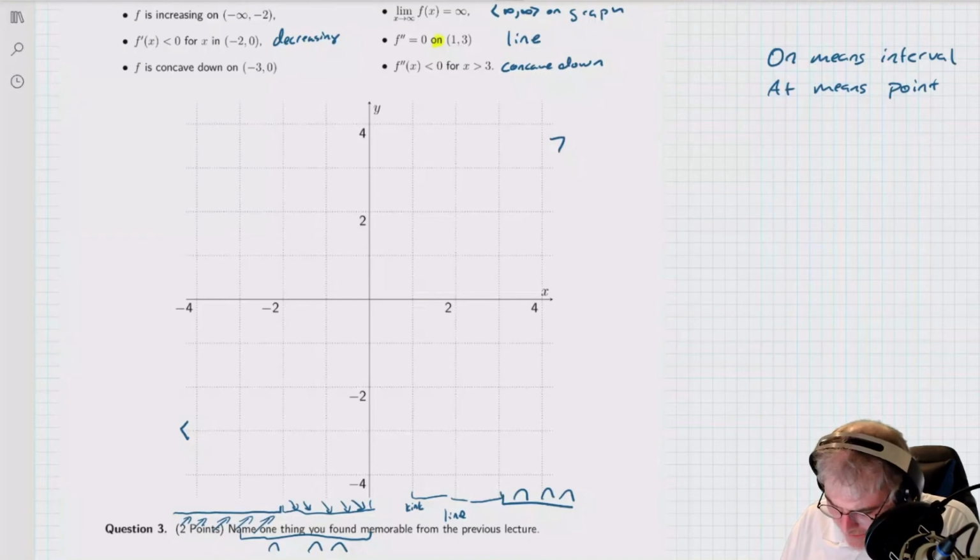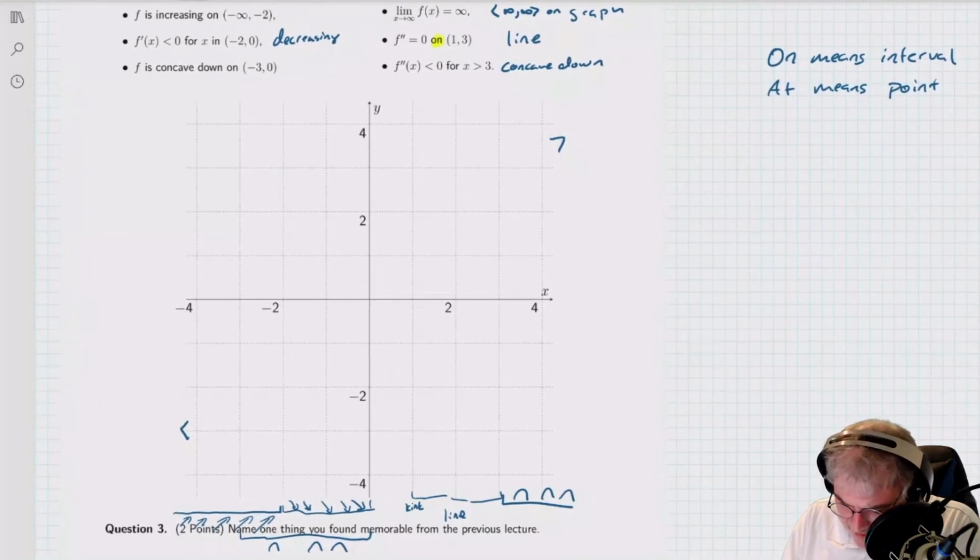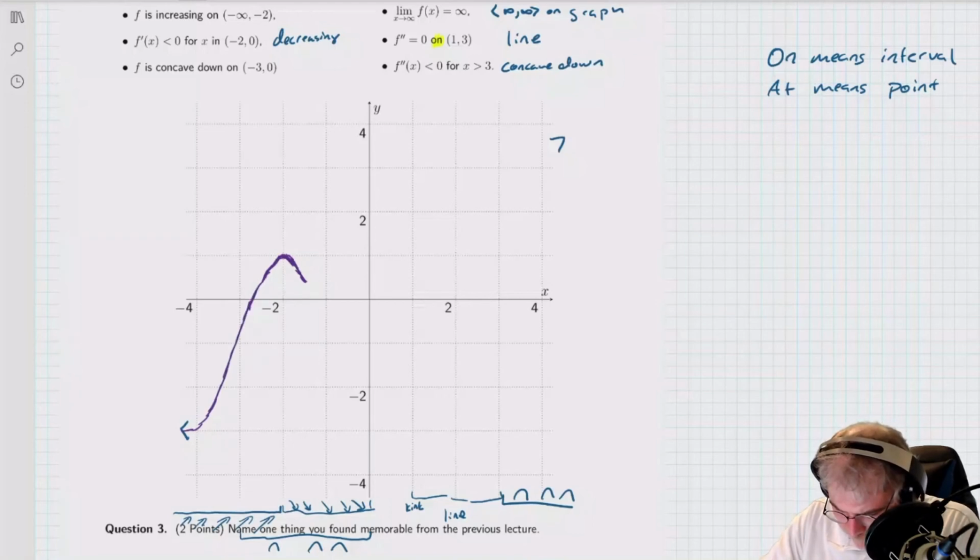Now, the tricky one is right here. I've got overlapping conditions here, so I'm going to deal with that first. I'm going up, and then I'm going down, and I've got concavity. I'm going to come up, and I'm just going to do a little max here, and then I'm going to come back down. I'm going to make sure I'm actually concave down, so let's make it a little bit more strictly concave down.